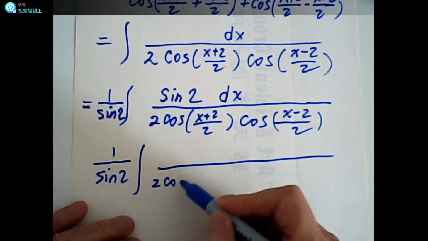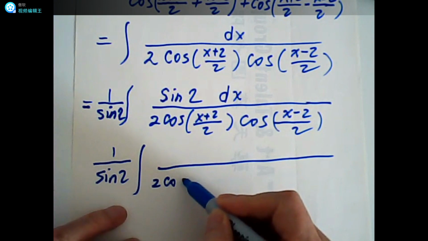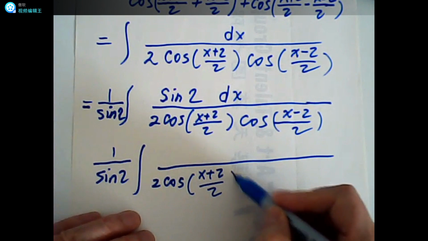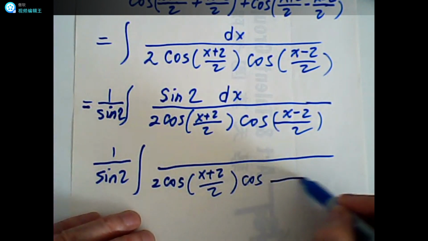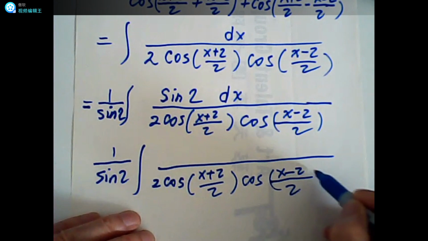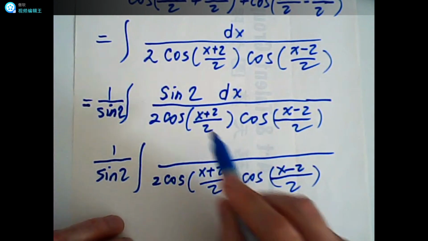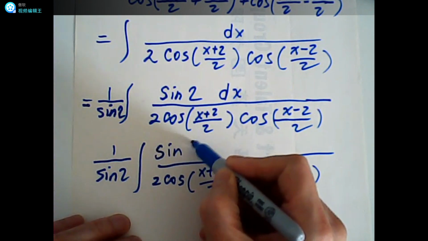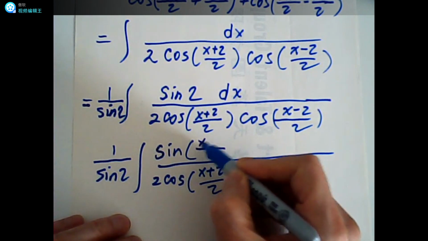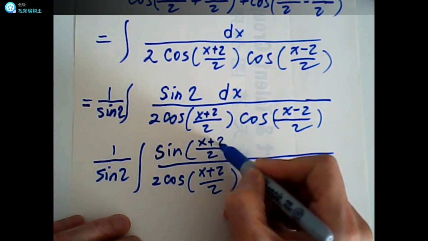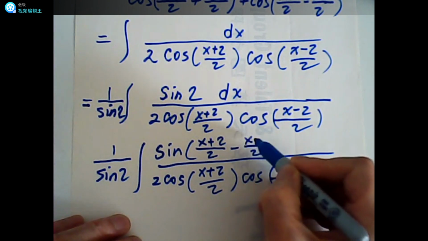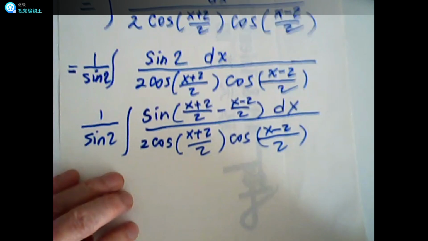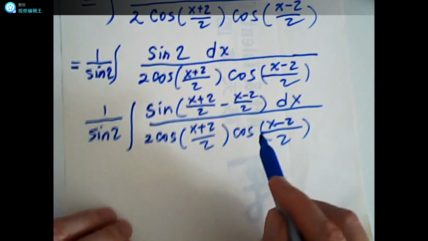This is cosine (x plus 2)/2, cosine (x minus 2)/2. Now cosine 2 sine 2 is sine of half (x plus 2) minus half (x minus 2). That is sine 2.